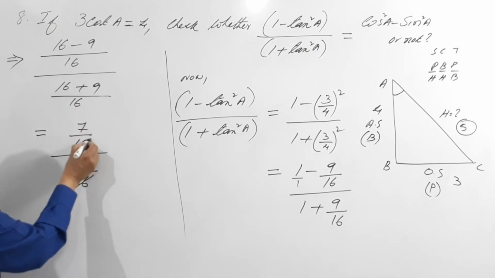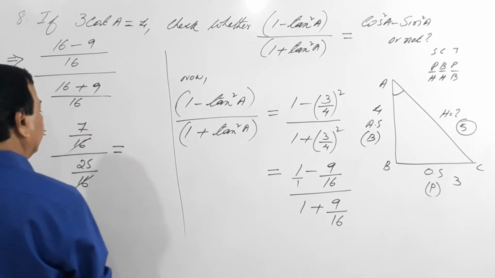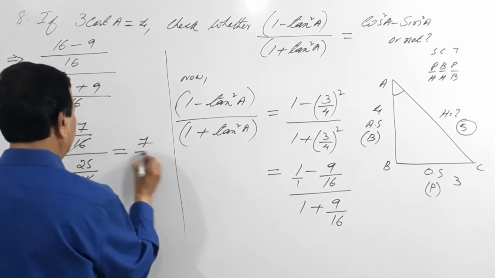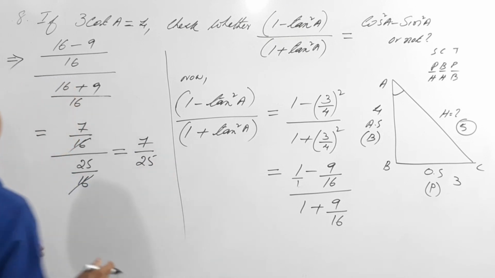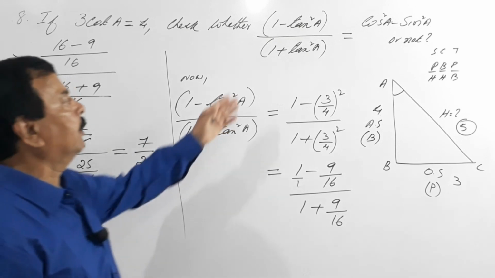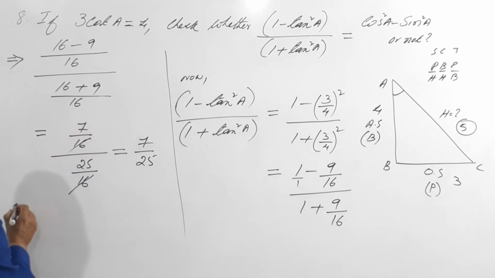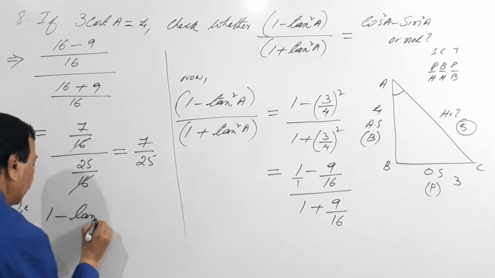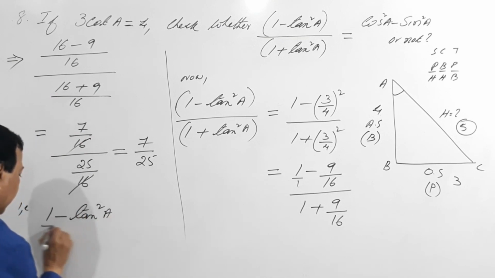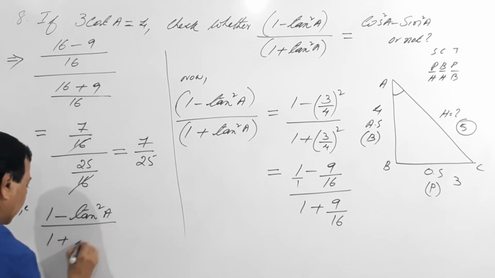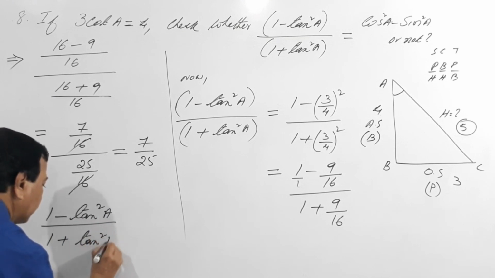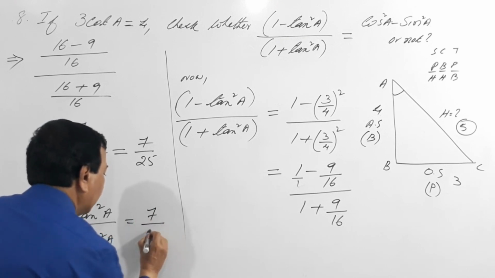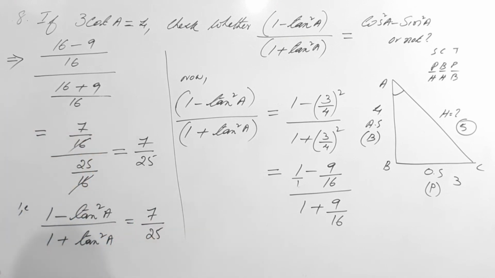So 16 cancels. You are left with 7 by 25. What is this? This is nothing but 1 minus tan square A divided by 1 plus tan square A equals 7 by 25.